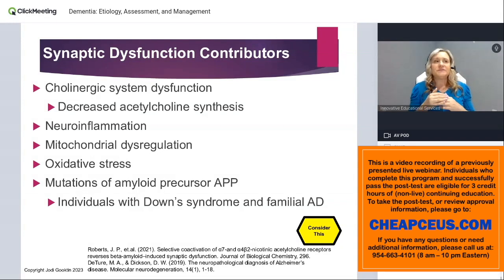They're also noticing that there are some other contributors to the neuronal dysfunction. It's almost like as those amyloids are forming and the tau proteins are becoming dysfunctional and destabilized, that there's this cascade of other events that is happening within the brain. They kind of call them secondary effects in response to this damage.